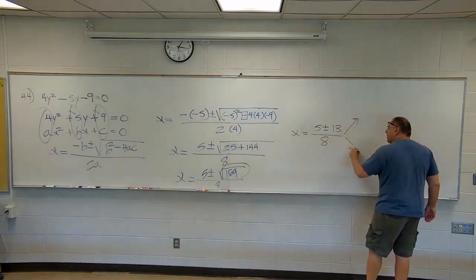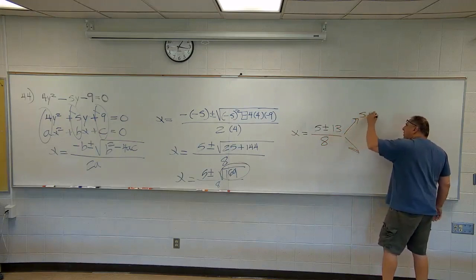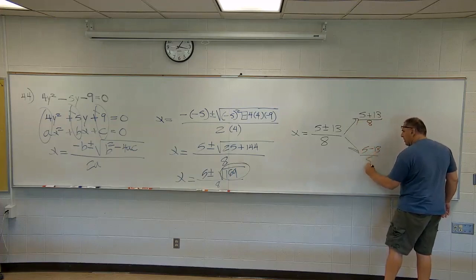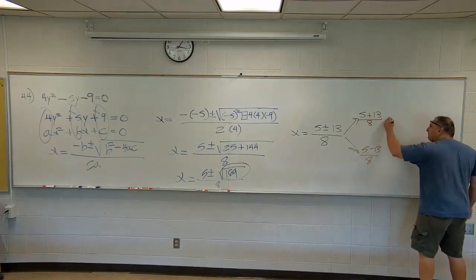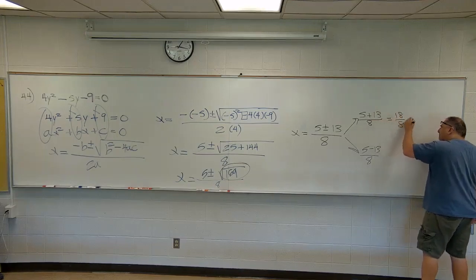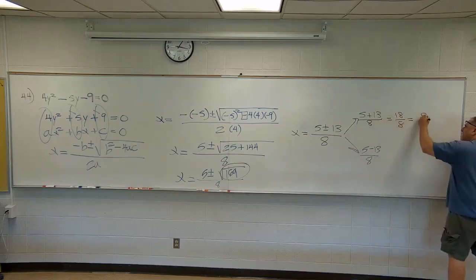And that's where you're going to go. The plus scenario is right here. The minus scenario is right here. 18 divided by 8 is the same as 9 divided by 4.